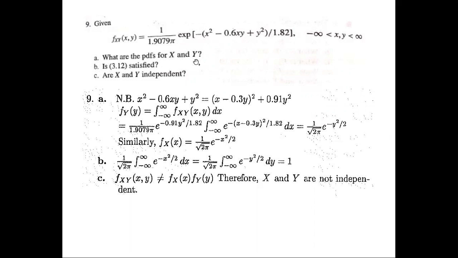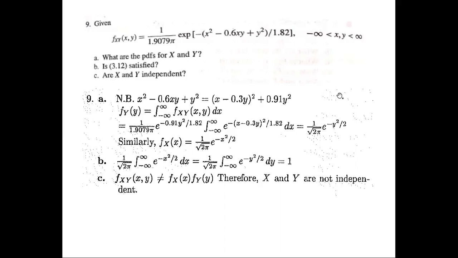Separately. So we can try to write x squared minus 0.6xy plus y squared as x plus 0.3y whole squared plus 0.91 y squared. Similarly, we can write it the other way around, as y minus 0.3x whole squared plus 0.91 x squared.